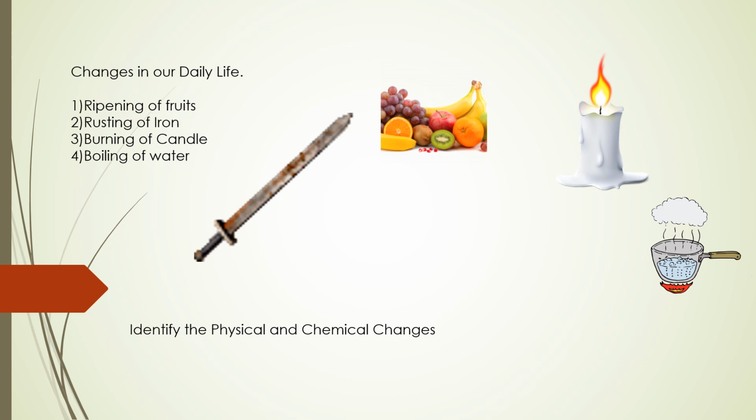Ripening of fruits, there is a change in the color after ripening, so you can't get back the original color. That's why ripening of fruits and rusting of iron are chemical changes. Whereas boiling of water and melting of wax are physical changes, but burning of candle is both physical and chemical change.